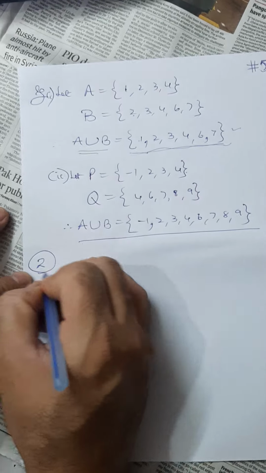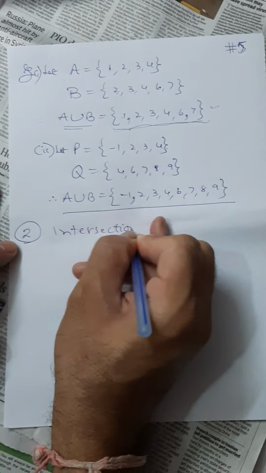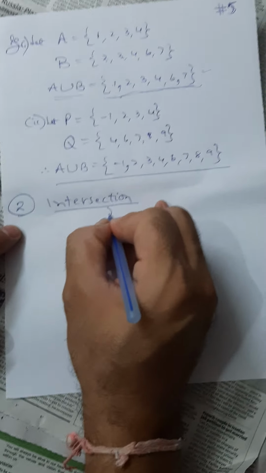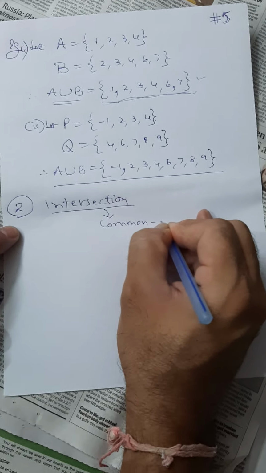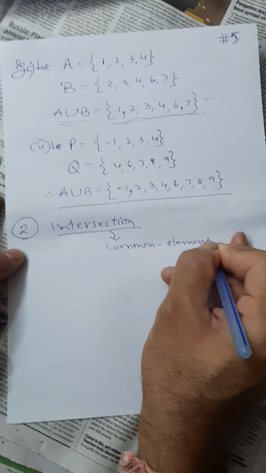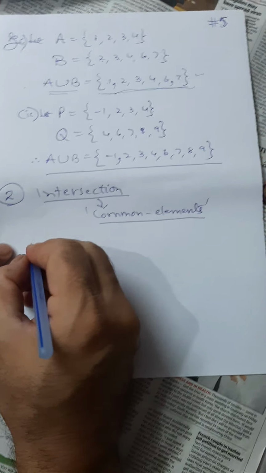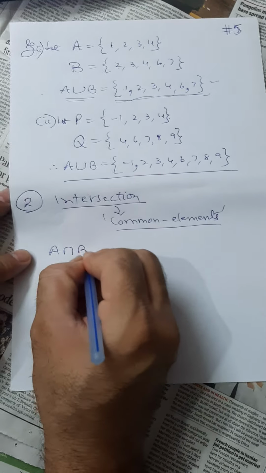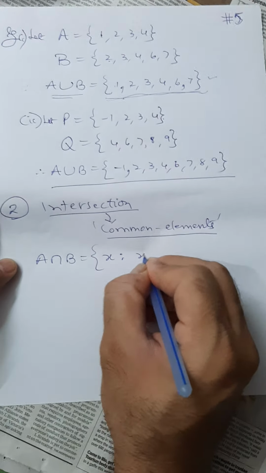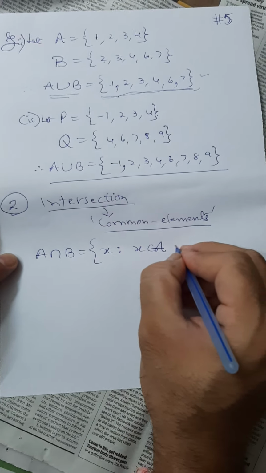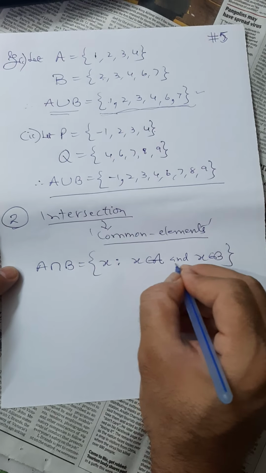Now the next operation is intersection. The precise meaning of intersection is that you take the common elements in both. Intersection means common elements. So A intersection B is all x such that x is in A and x is in B. Common means and.